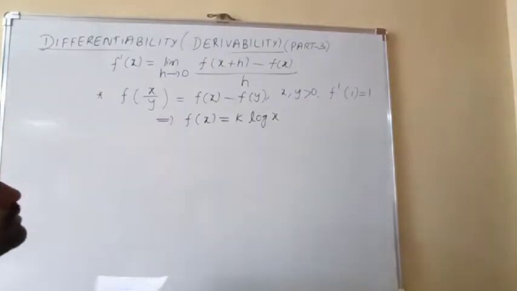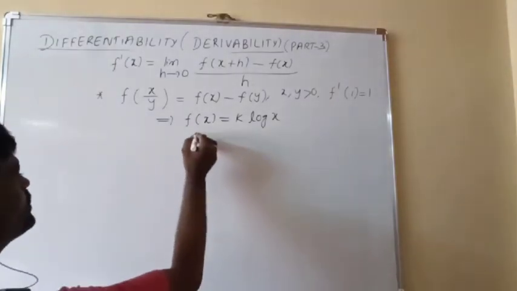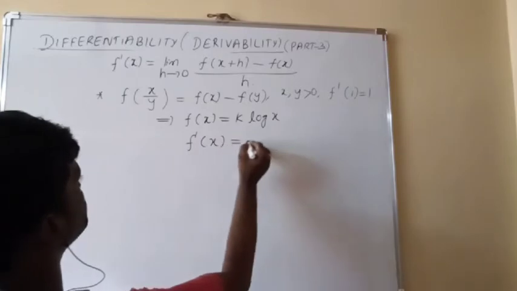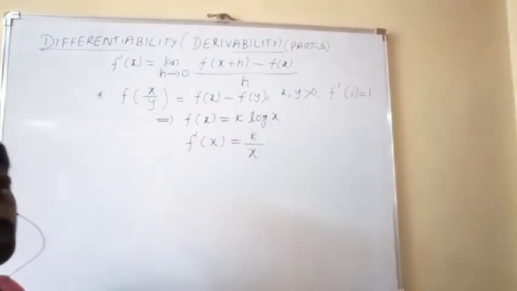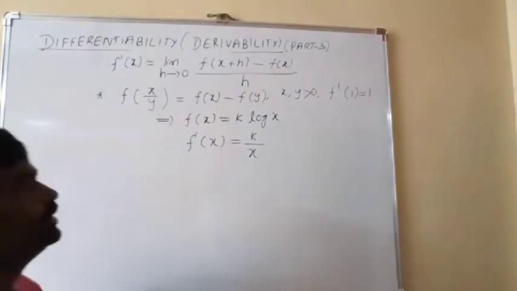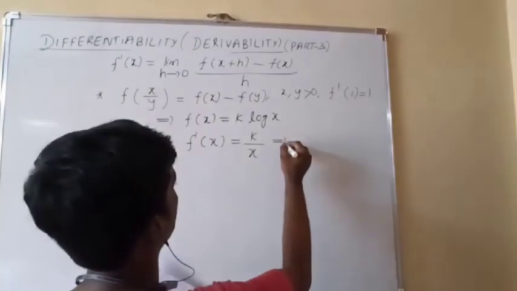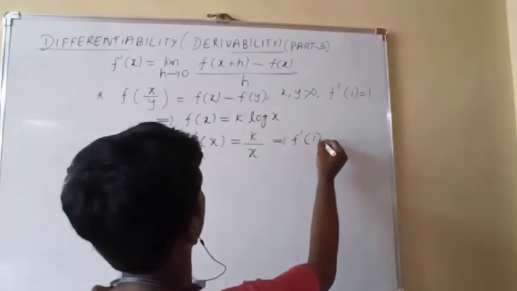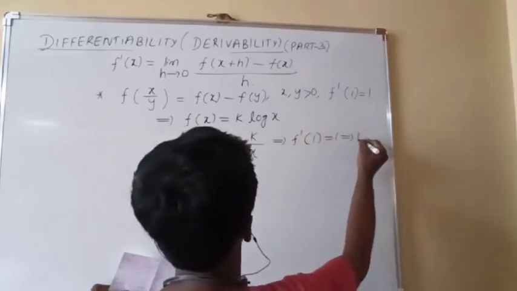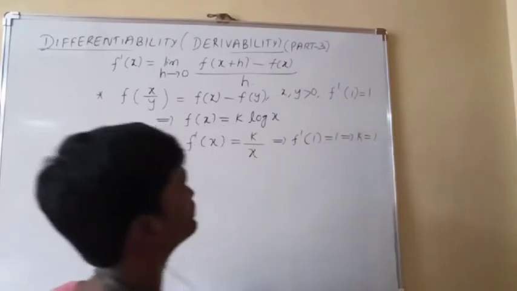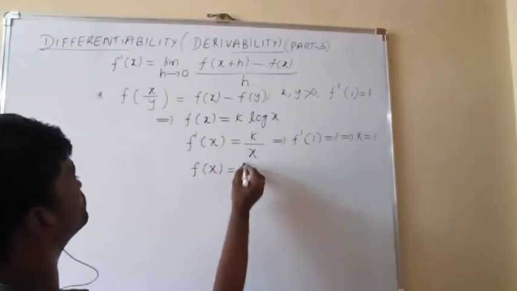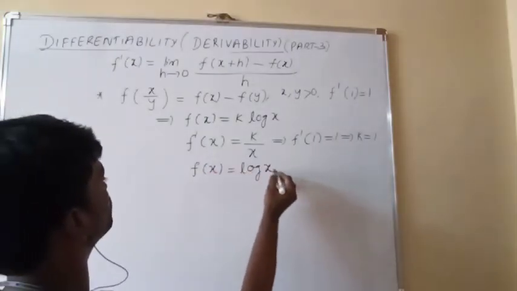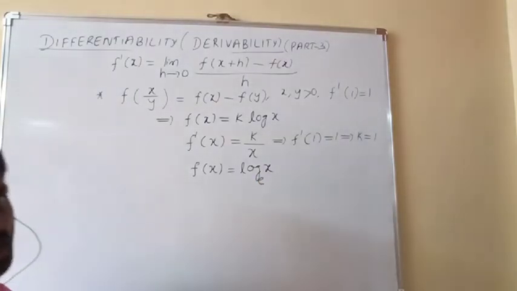Okay. Then what will you get for f dash x? K by x. And given f dash of 1 is equal to 1. That means k value must be equal to 1. K value 1 means f of x should be equal to log x, and to the base e only we have to take.